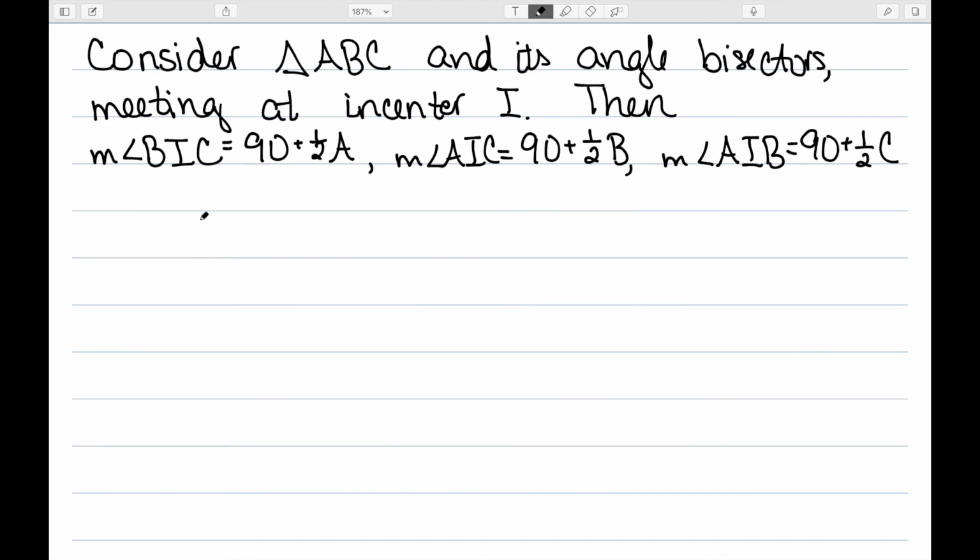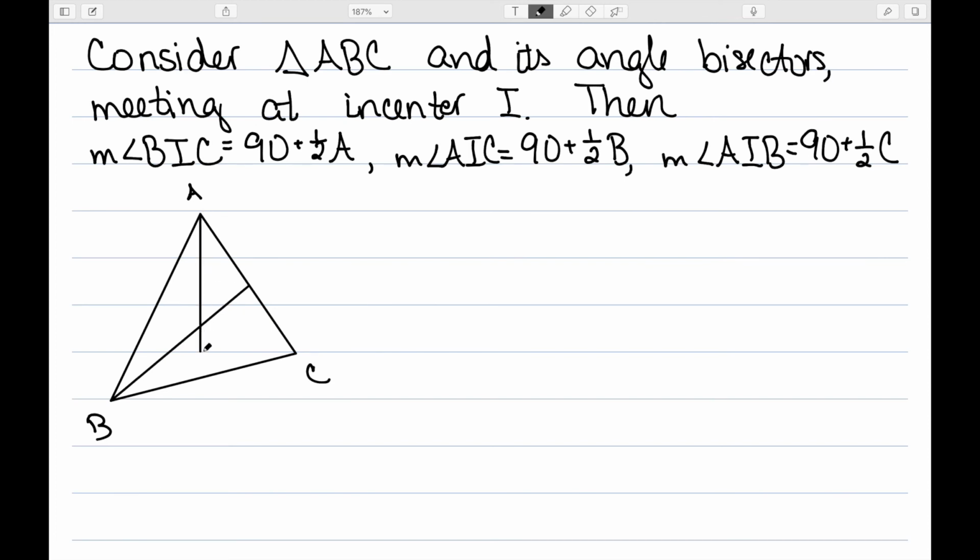My next theorem, let's consider any triangle ABC. So here will be my triangle, and we'll call these A, B, and C. And I want to consider the angle bisectors, about here, and then here.